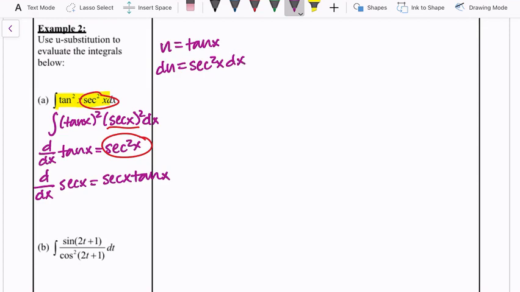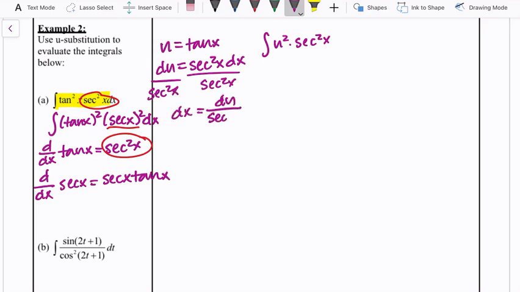Okay, so let's make those necessary adjustments in here. So we'll have the integral of u squared times secant squared x. Ooh, okay, let's actually solve for dx here. So dividing both sides by secant squared x, I know that dx is going to be equal to du over secant squared x.